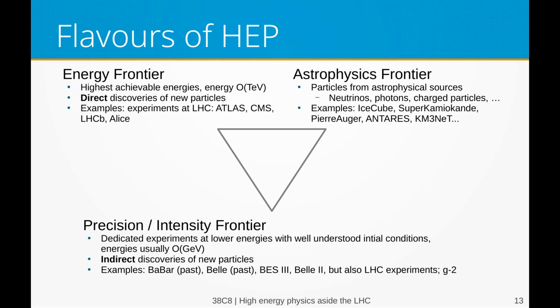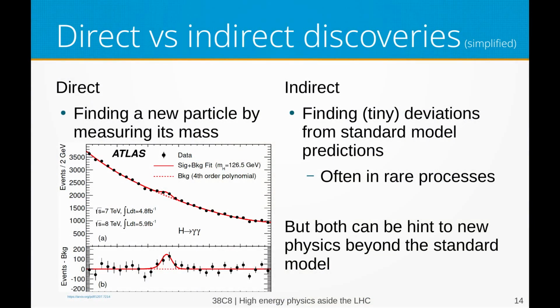Examples for these are the past experiments BaBar and Belle, and currently running BES III and Belle II, but of course also the LHC experiments can do part of precision physics by really measuring processes precisely, and then there's another big important experiment currently ongoing, which is the g-2 experiment.